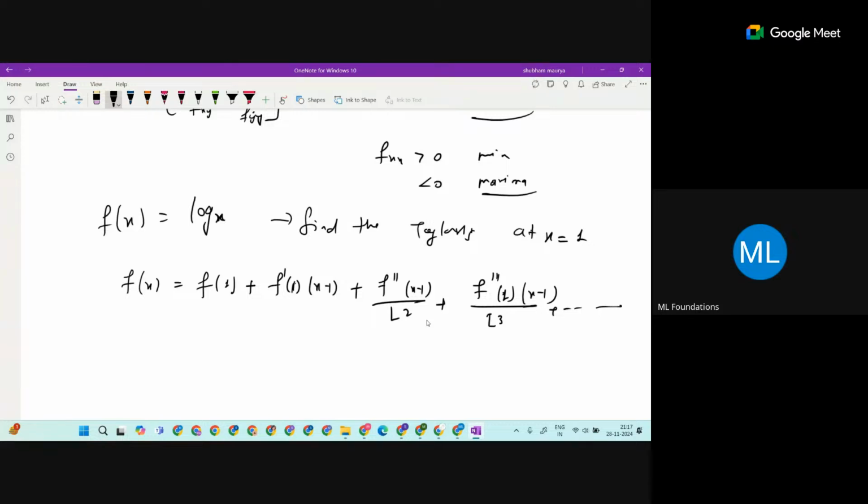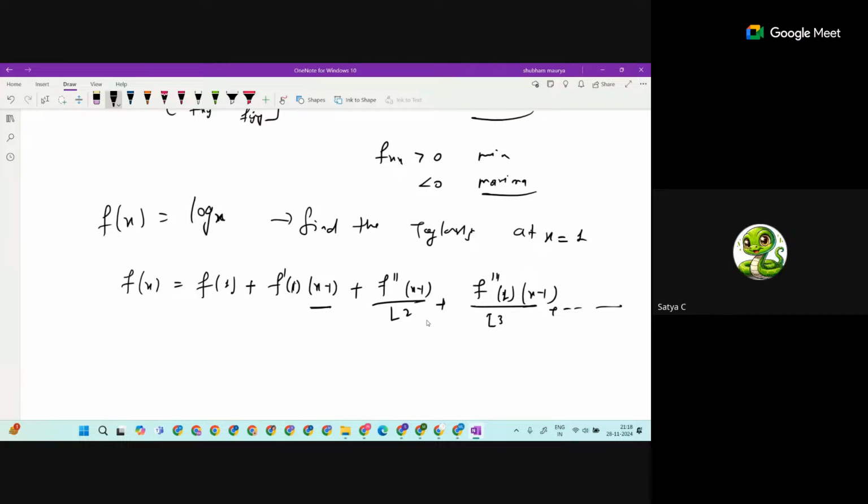Each time you have to differentiate, find that value, and write it like this. At least you should know what a Taylor series is. That is going to be enough. If one problem is asked option-wise, asking which one represents the Taylor series at some particular point, you can calculate easily. It is very easy: just differentiate, find the derivative at that point, and write it as a series.